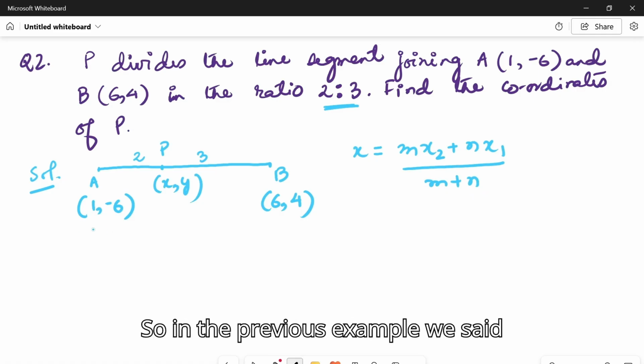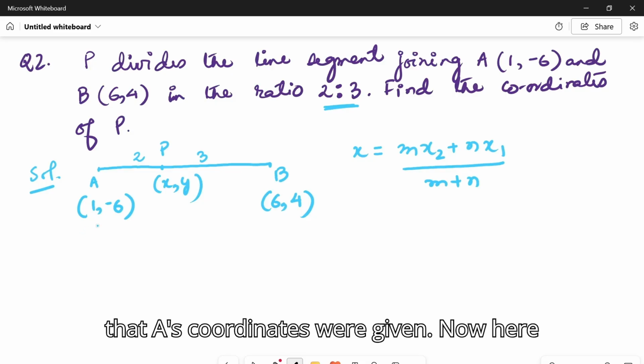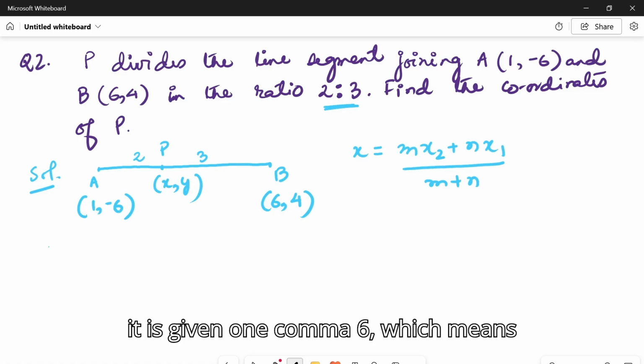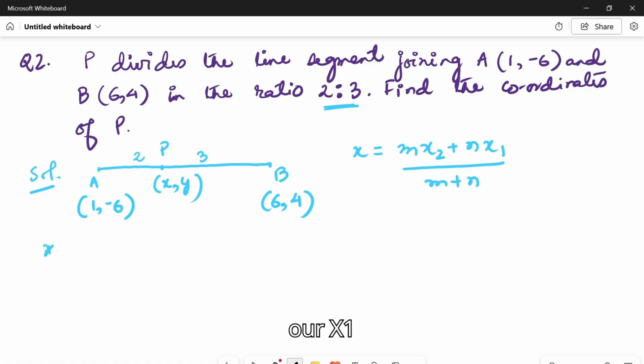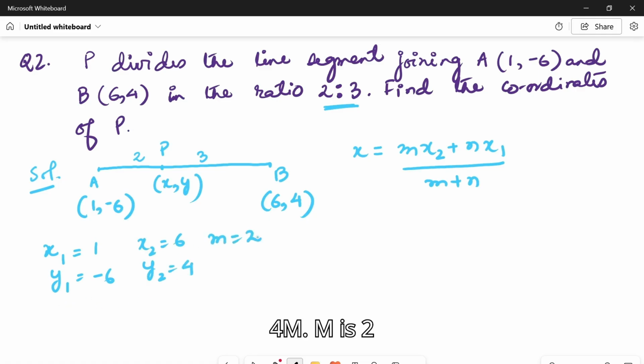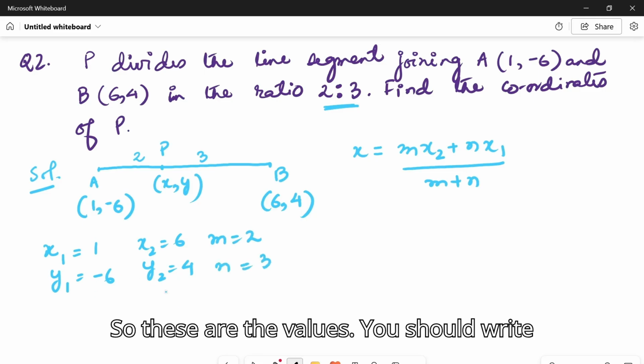A's coordinates are given here as 1, minus 6, which means our x1 is 1, y1 is minus 6, our x2 is 6 and y2 is 4, m is 2 and n is 3. So these are the values.